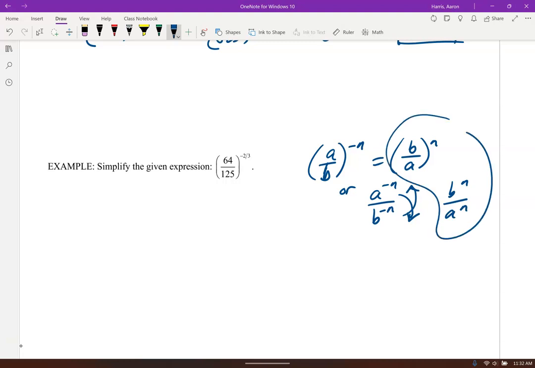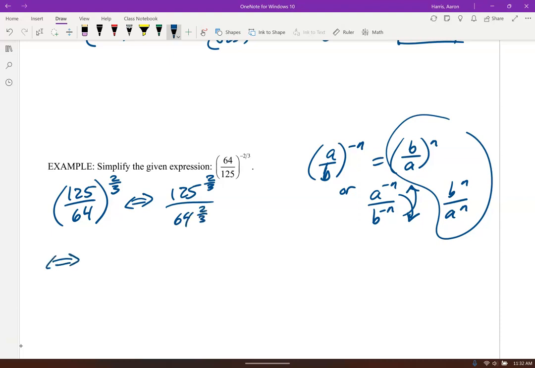All right, so I'm going to go ahead and just flip these. And then I'm going to take it to the positive 2/3. 125 to the 2/3, and then 64 to the 2/3. So I have the third root of 125, and on the bottom I have the third root of 64.